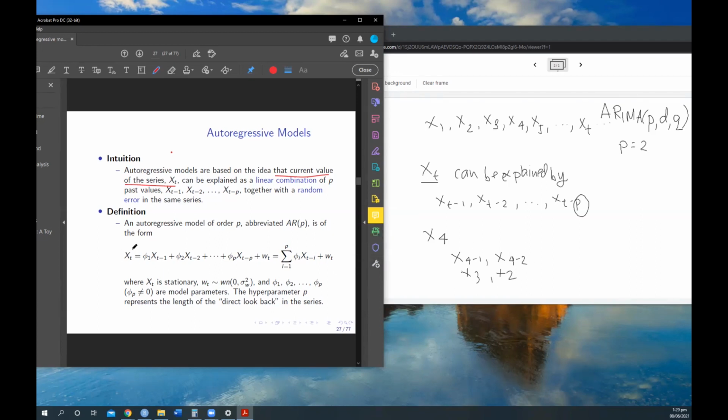Okay, so ito yung parameters niya. You have x sub t as the dependent variable, the value that you are going to predict, and you have here the coefficients.